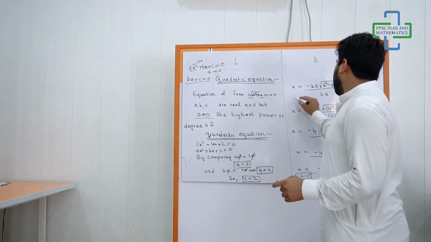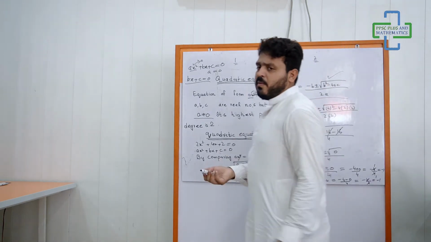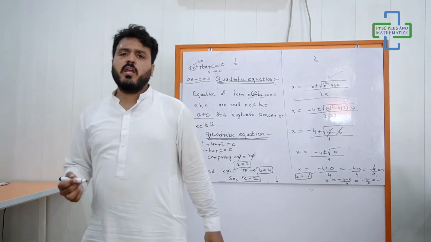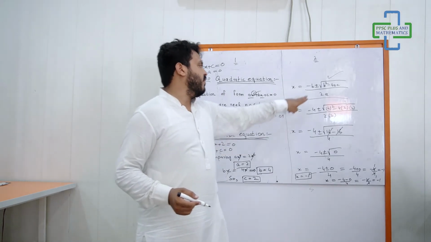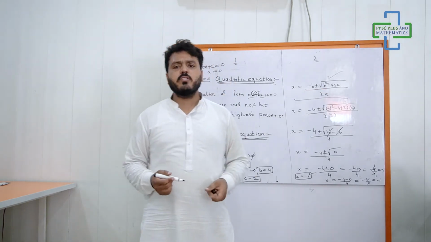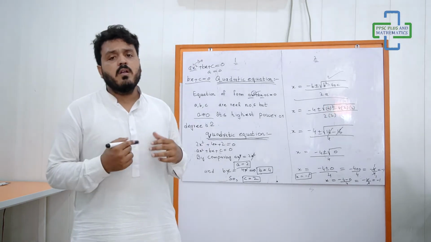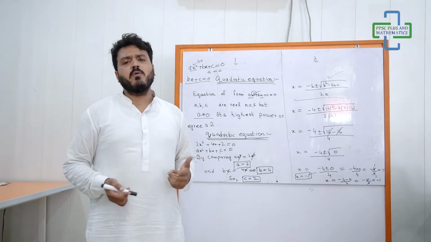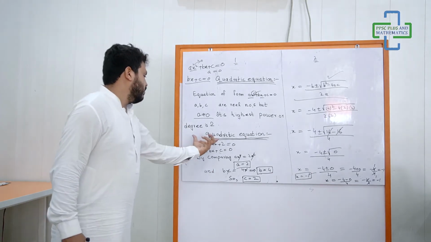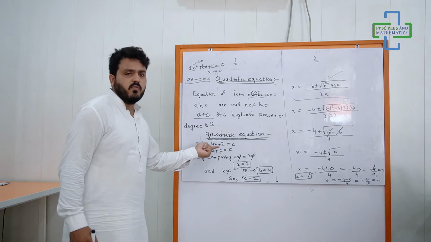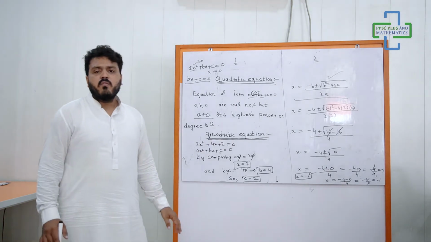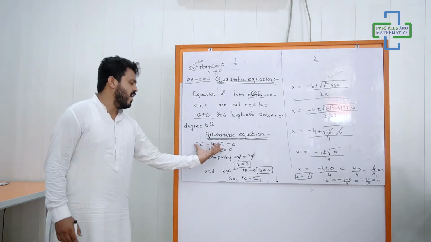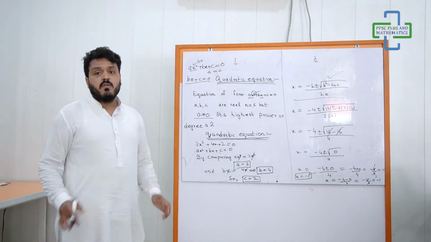The quadratic formula is a method to solve a quadratic equation. Here we need the values of a, b and c from the equation, and when we solve the question you will get an idea about that. So this is the quadratic equation 2x square plus 4x plus 2 is equal to 0. This is in standard form. What is the standard form?